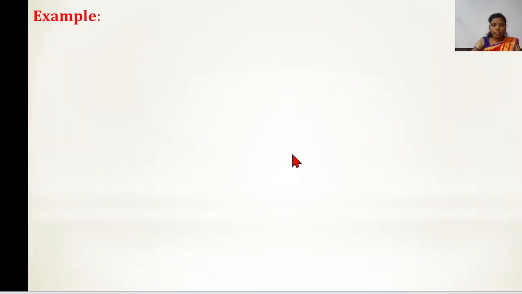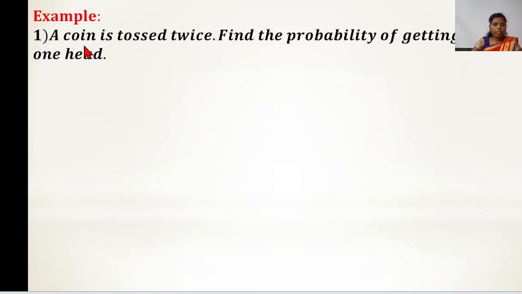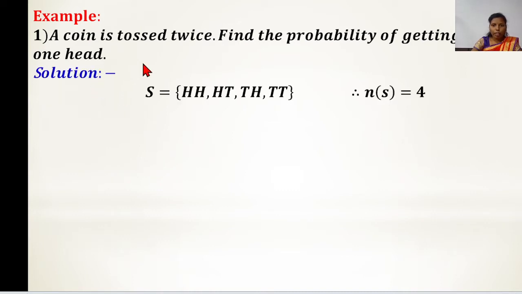Before we start this topic, let us see one example. First example: a coin is tossed twice. Find the probability of getting at least one head. Solution: for finding the probability of getting at least one head, first we have to find the sample space S. If we toss a coin the first time, the possible outcomes are head, head.